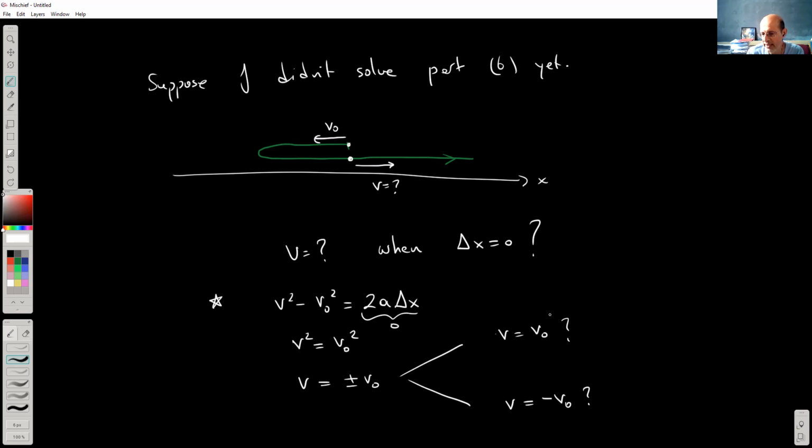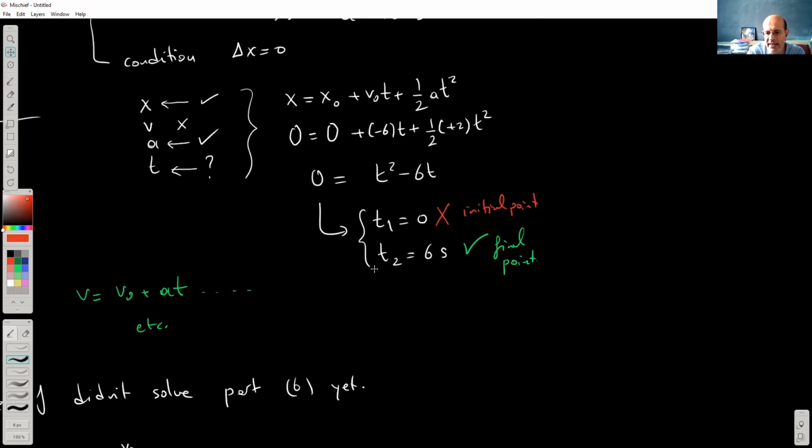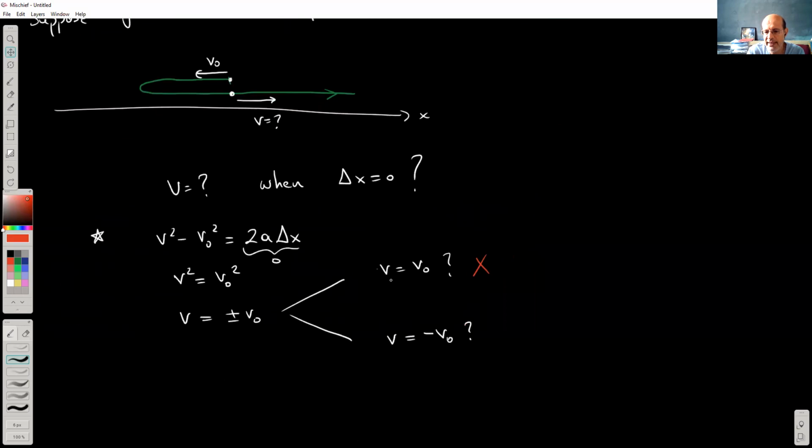So physically, this actually corresponds to the initial point. I'm going to do the same thing as I have done with the time. I had 2 time solutions. One of them corresponds to the initial point and one of them corresponds to the final point. And I have the same thing in here. I have 2 velocity solutions. One corresponds to the initial point and the other one corresponds to the final point.